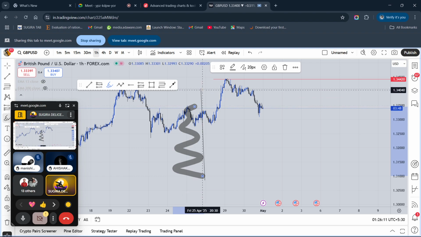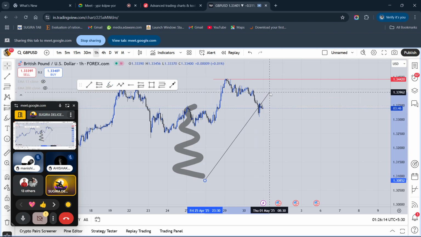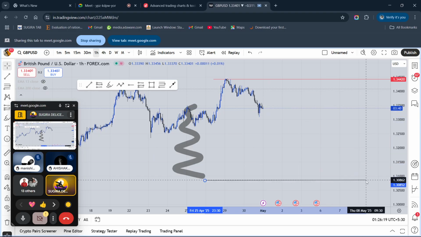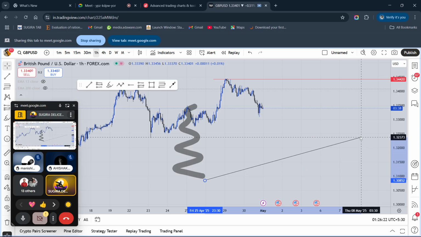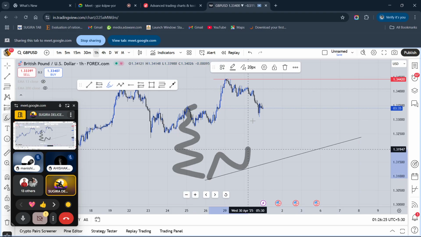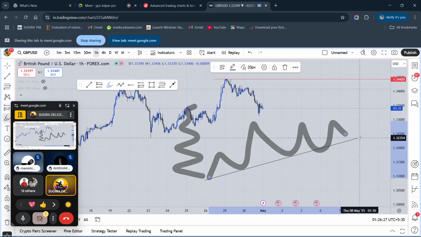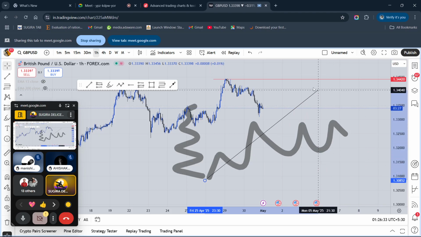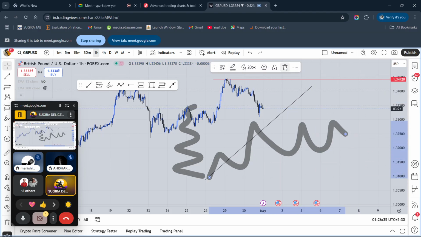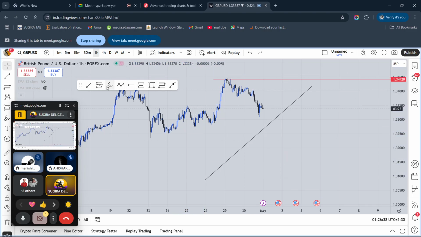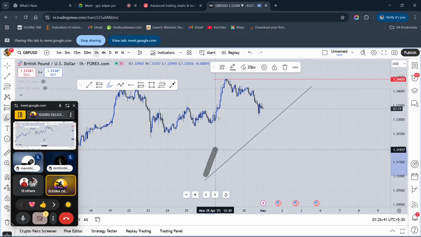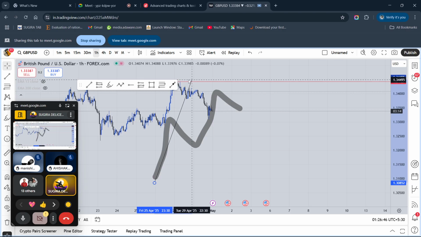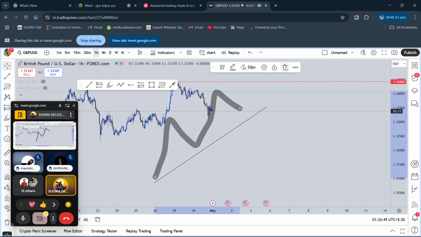But at least the market will move from 75 degrees to 30 degrees, not in a ranging market. Maximum 75 degrees. You get my point? Not 90 degrees. Right? Perfect. So that's one of the rules of a trend line.